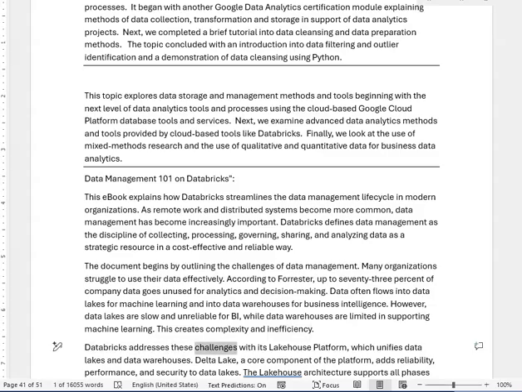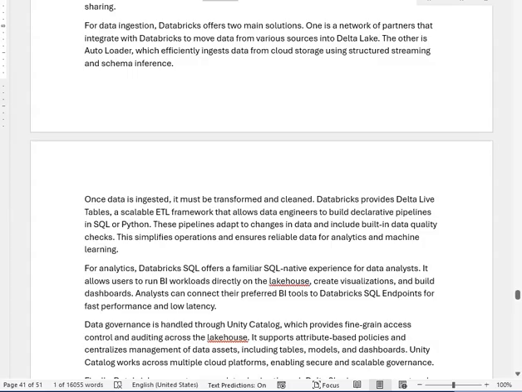Databricks addresses these challenges with its Lakehouse platform, which unifies data lakes and data warehouses. Delta Lake, a core component of the platform, adds reliability, performance, and security to data lakes. The Lakehouse architecture supports all phases of the data lifecycle, including ingestion, transformation, analytics, governance, and sharing.